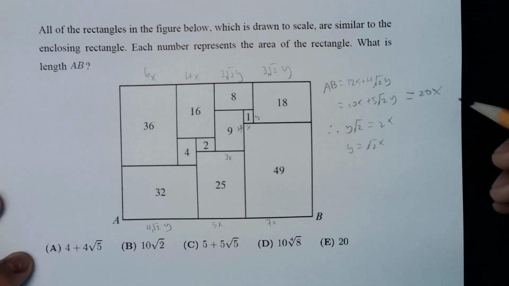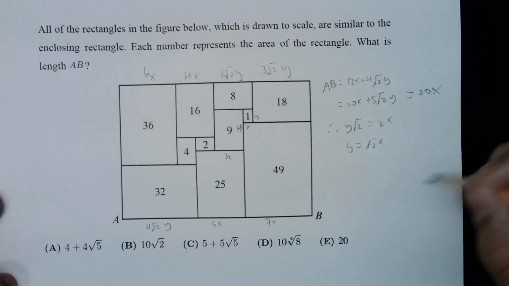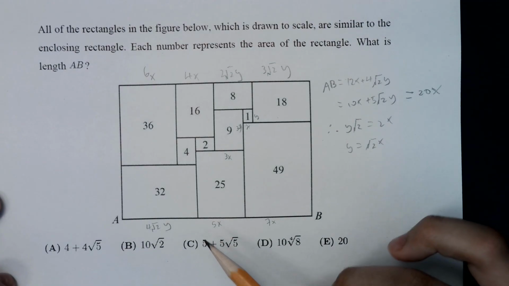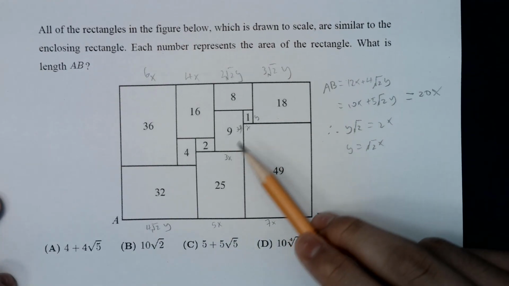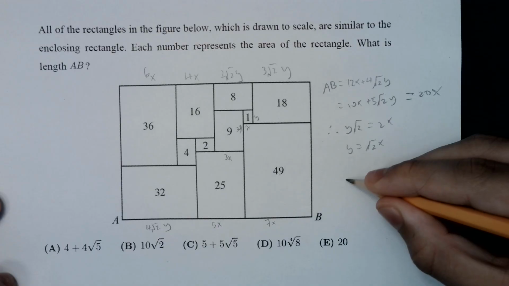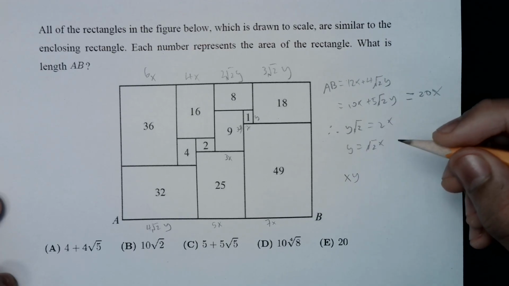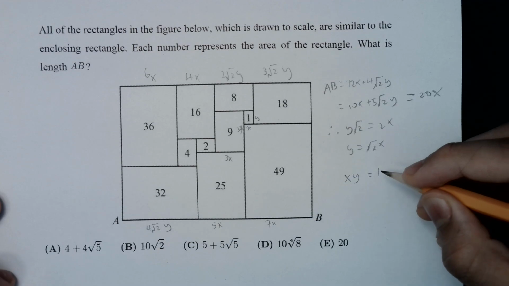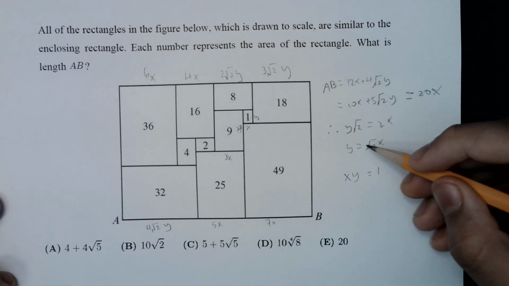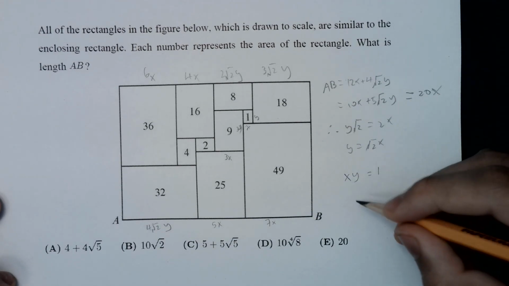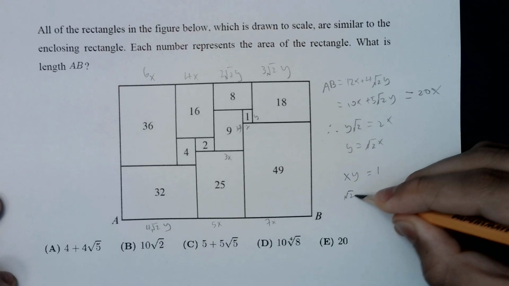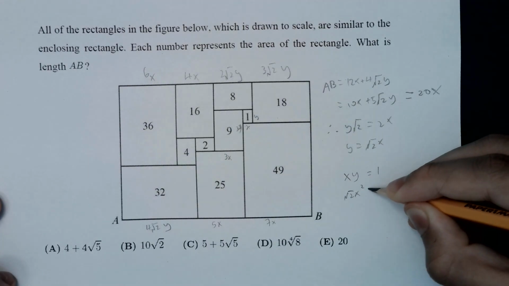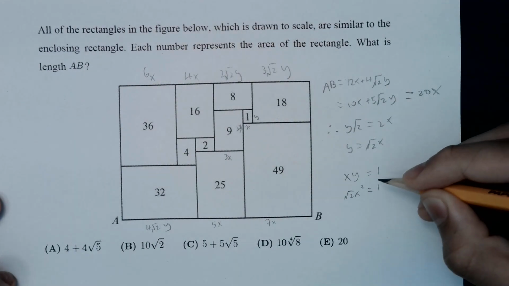So now we need to solve for x and y, or just mainly x. Looking at the first square here, the x and y square, x times y, the area of our smallest rectangle, should be equal to 1. So we plug in y equals square root 2 x into this equation to get that square root 2 x squared is equal to 1.